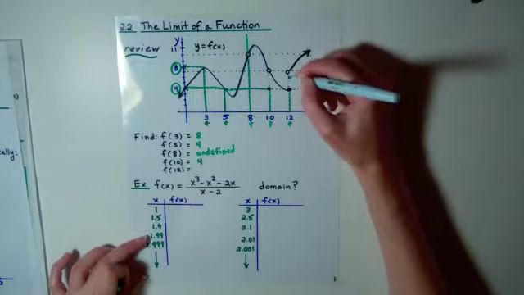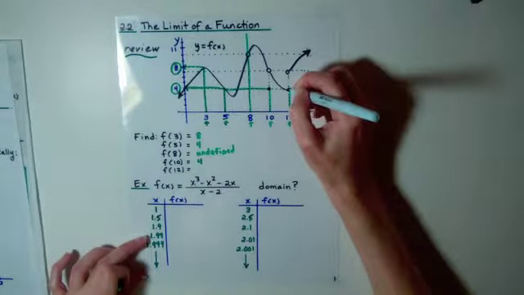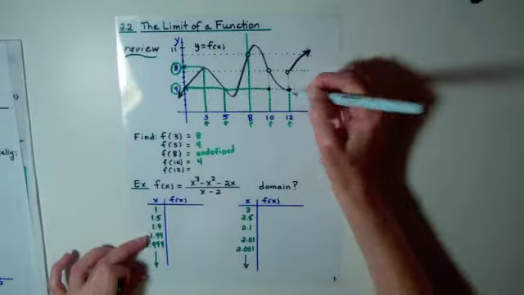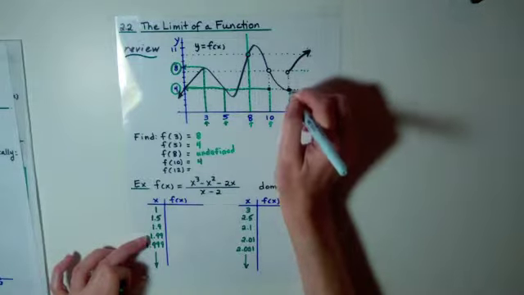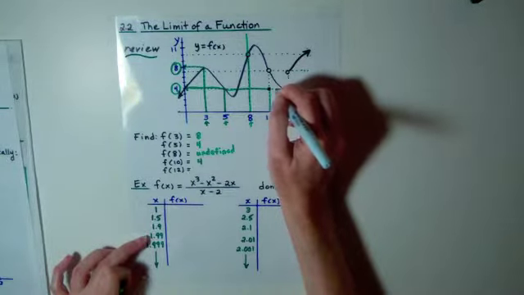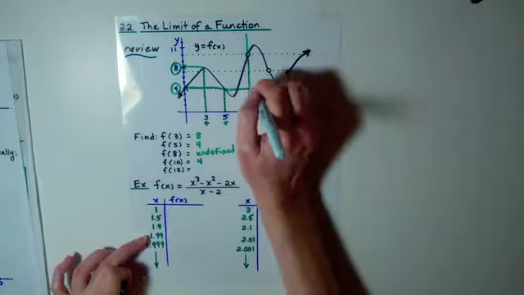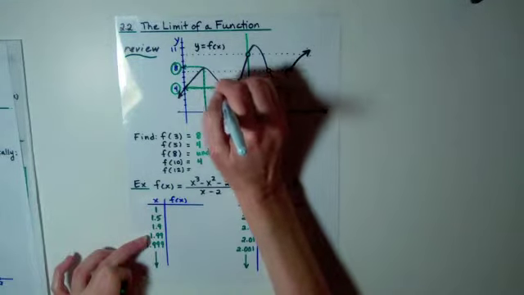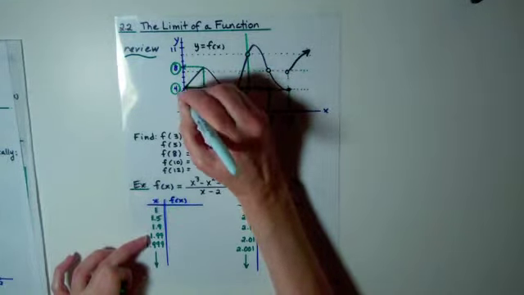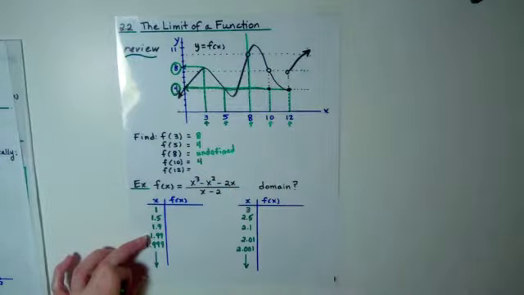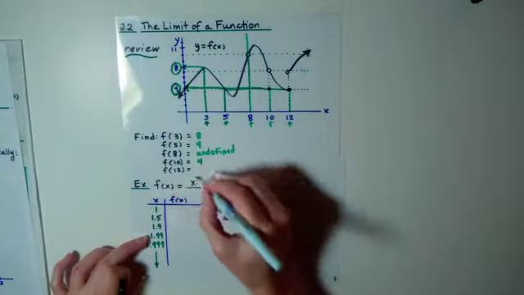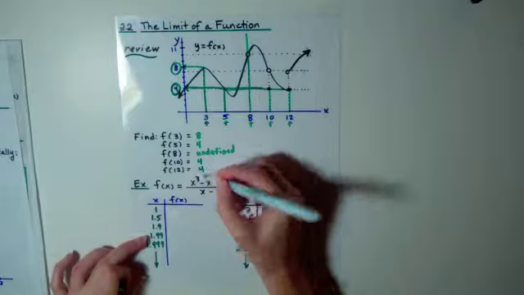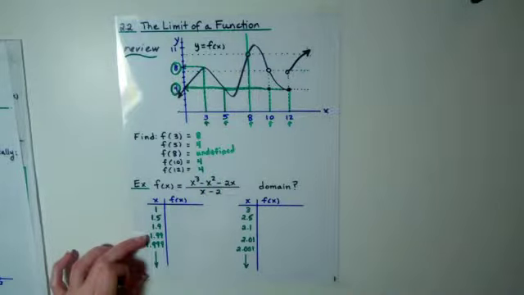I don't go up to this portion of the graph because I've already hit a black dot right here. And so when I put 12 into this graph, I go up to the black dot, then I go over horizontally to see what the corresponding y value is. And notice that I happen to get 4 again. And so f of 12 would be equal to 4 for this particular function.